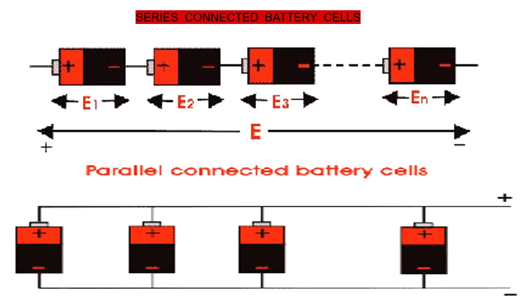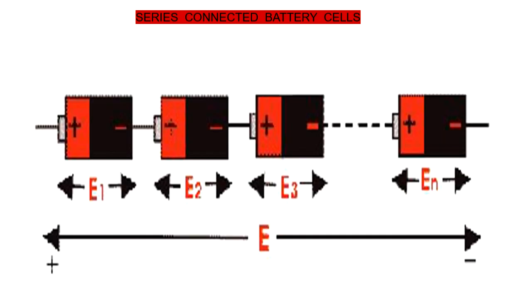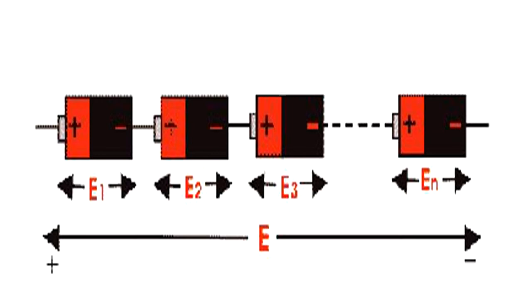In case of series connection, the negative terminal of the battery will be connected to the positive terminal of the successive battery. In case of series connection, the total EMF of the combination will be the algebraic sum of EMF of individual batteries.